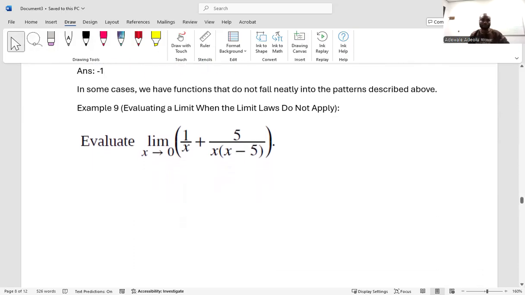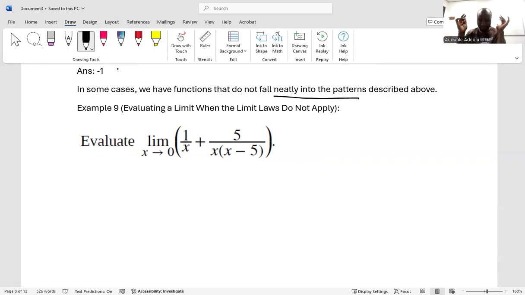Okay. In some cases, let us keep going. In some cases, we have functions that do not fall neatly into the patterns described above. That is, they are not polynomial over polynomial. It is not that either the numerator or the denominator has a square root, or that we have a complex fraction.